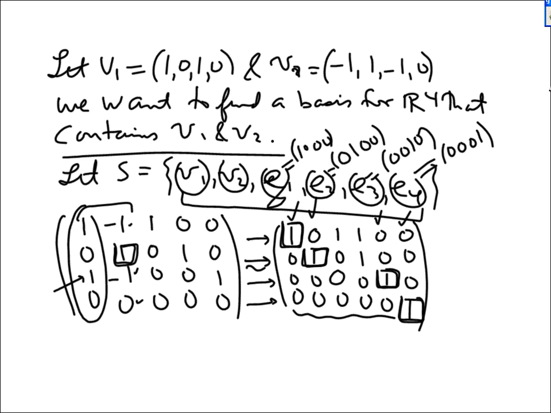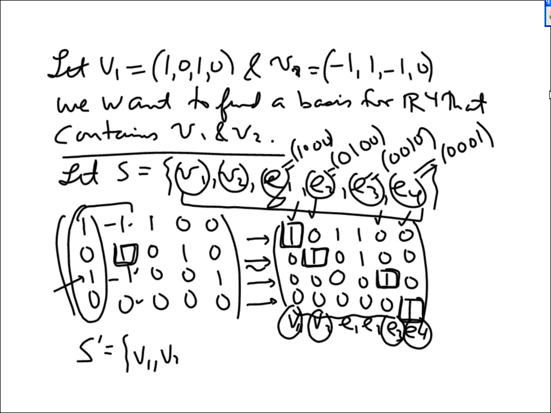And remember, the columns were vector 1, vector 2, E1, E2, E3, and E4. So let S prime be the set of vectors that have a leading 1: V1, V2, E3, and E4.